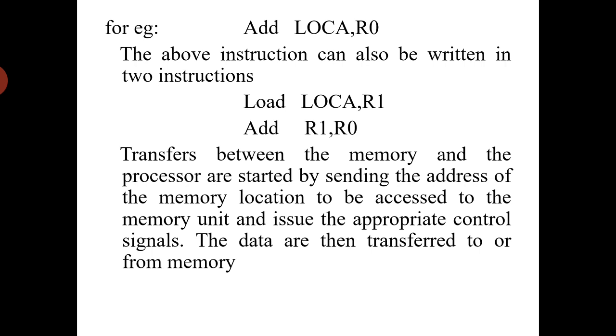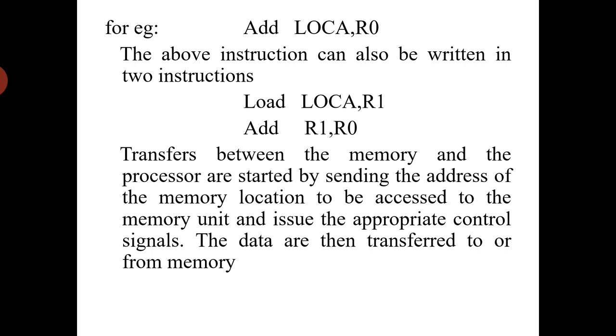The original content of location A is preserved. The operand present in location A is not overwritten. But in the case of processor register R0, the data is overwritten by the sum.